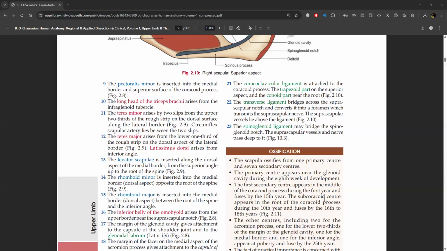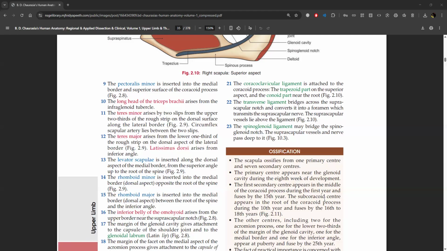The suprascapular vessels lie above the ligament. Figure 2.10. 23rd, the spinoglenoid ligament may bridge the spinoglenoid notch. The suprascapular vessels and nerve pass deep to it.